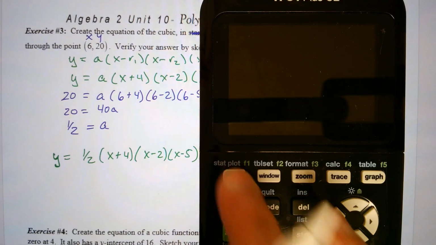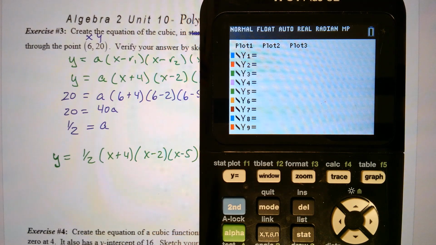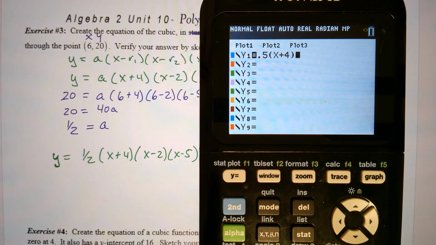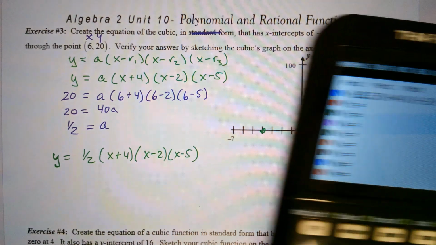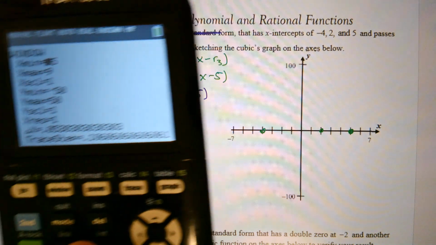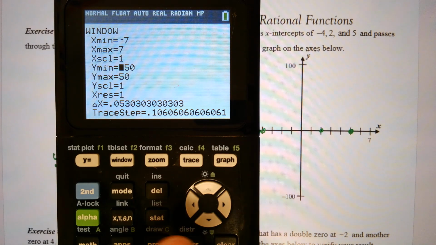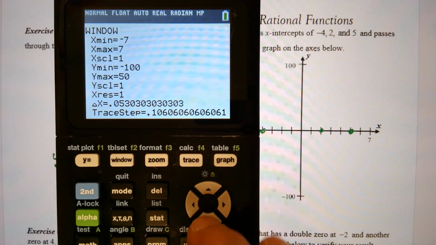Let's put that into the calculator. It's simply easier to type in 0.5 instead of a half. Change the window, -7 to +7, and -100 to 100.